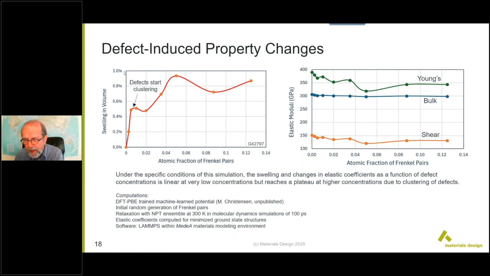And that is due to the fact that at higher concentrations of defects, you get clustering of defects, and they lead away from this simple linear behavior. So that's being produced and predicted by very accurate simulations. Now, just a word on what's behind here.